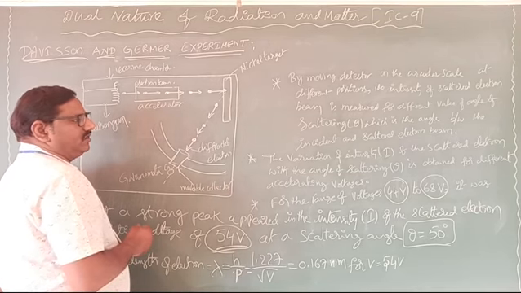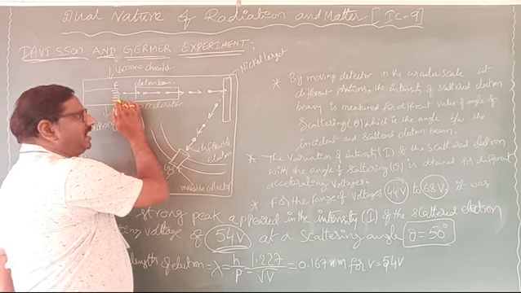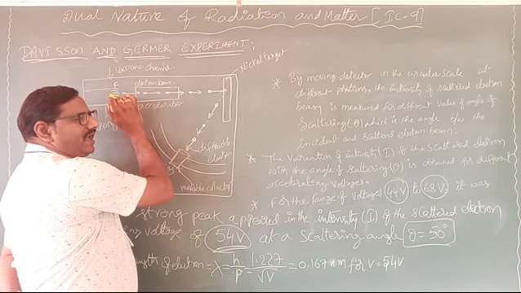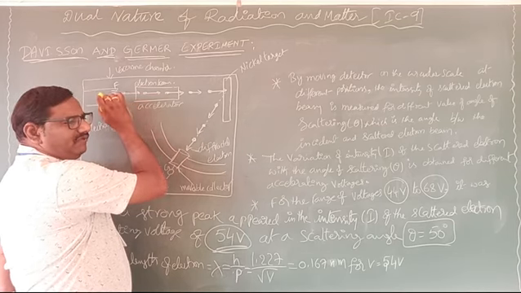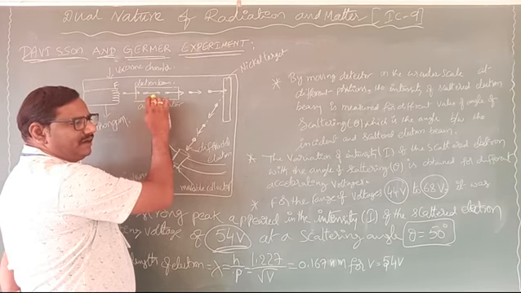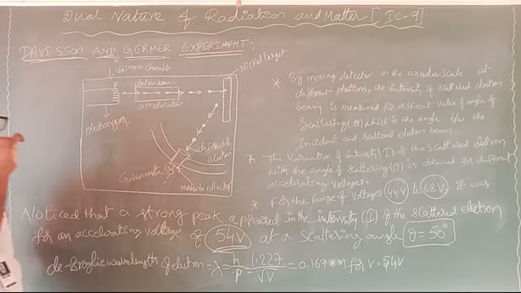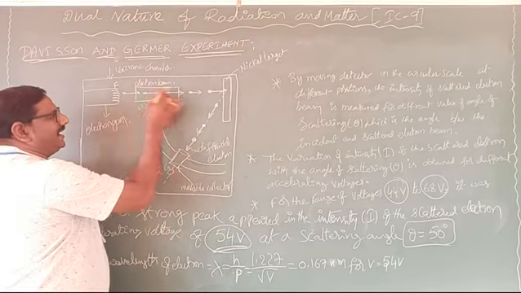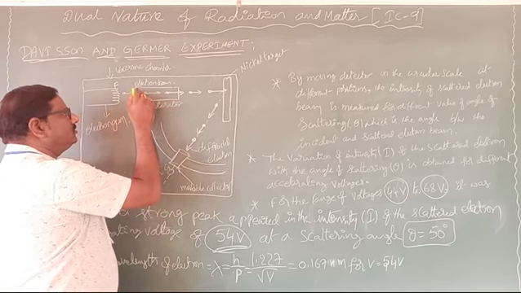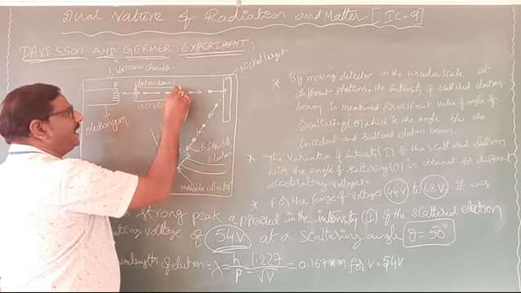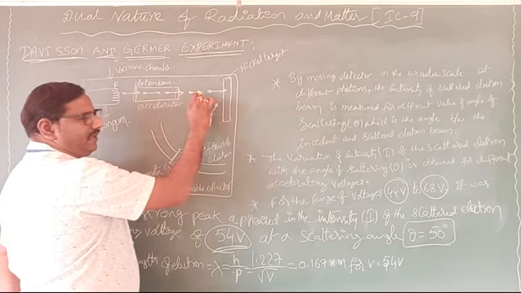Very simple. With the electron gun, when we apply a high tension battery, the electron beam is released from the filament in this evacuated chamber. The electrons are accelerated through this tube and pass as an electron beam.